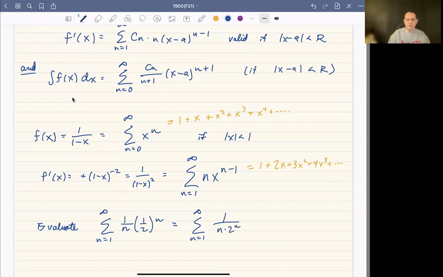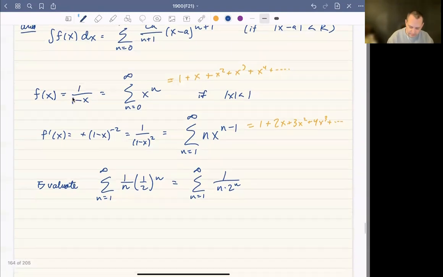As n goes from 1 to infinity, the series, we're going to get 1 over 2 plus 1 over 2 times 2 squared, 1 over 3 times 2 cubed, and so on. And so that's not a geometric series.